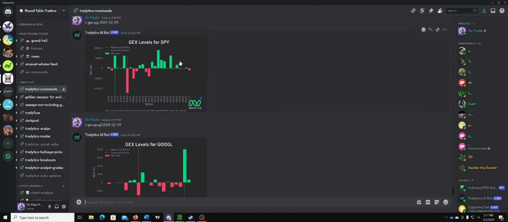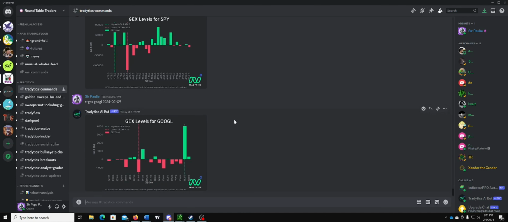If the price is above it and it's coming down, 490 will be support. Really just remember, green bars repel the price, depending what direction the price is coming from. Red bars, support and resistance. And the bigger the bar, the more effective it is. Same thing with green bars.